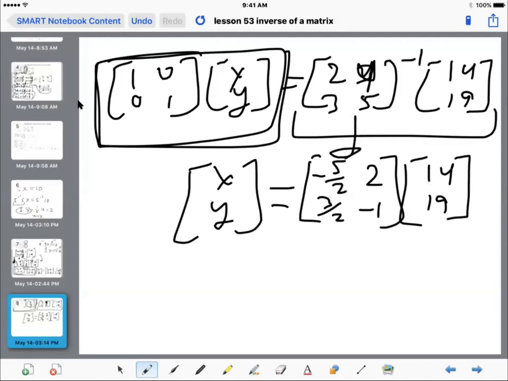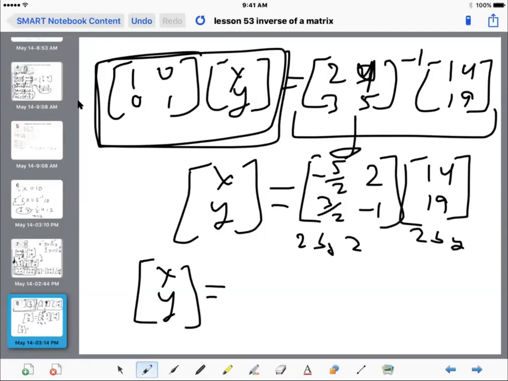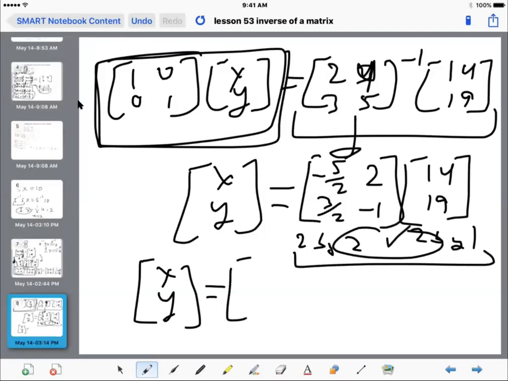Now that might have taken a lot of work to get the inverse, but let's just say we have it for whatever reason. And now I finish up the problem. This is a 2 by 2. This is a 2 by 1. So these match up, so we can multiply them. The answer is going to be a 2 by 1 matrix.